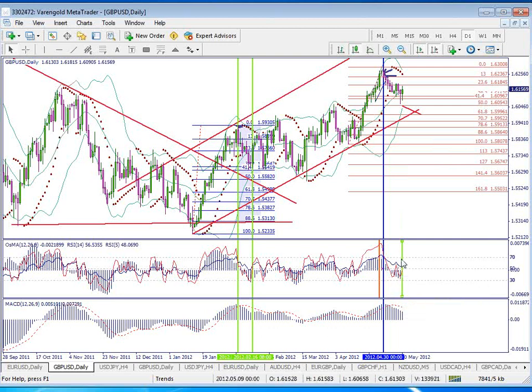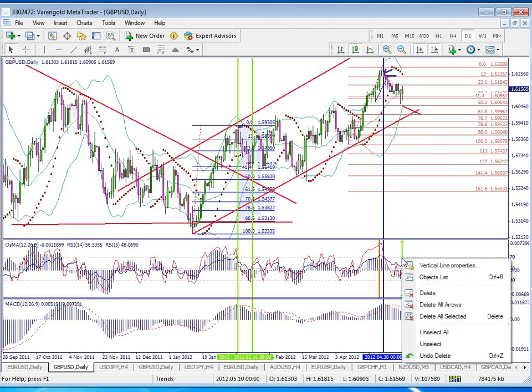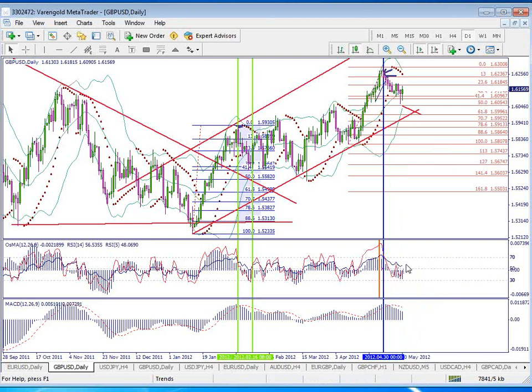Here we don't have a clear signal for buy, and here is the signal for sell. So I think that the pair will retest the 50 level or 61 level and probably will test this inferior line of the channel.